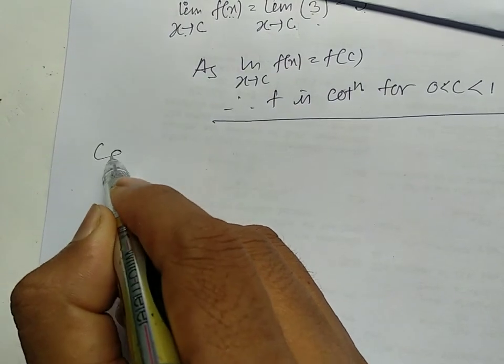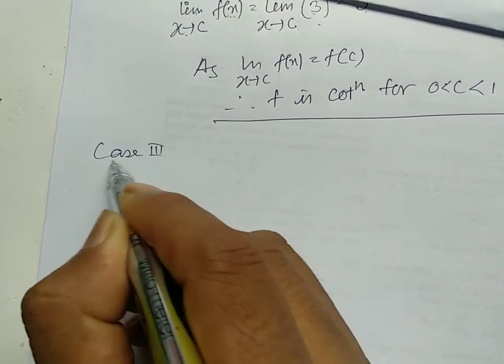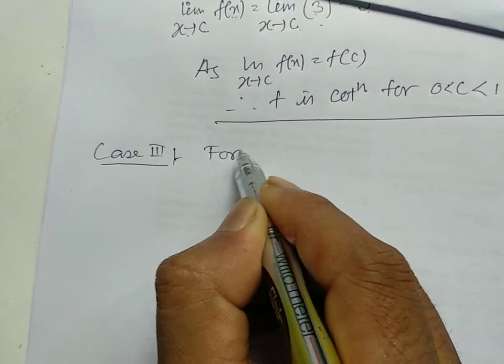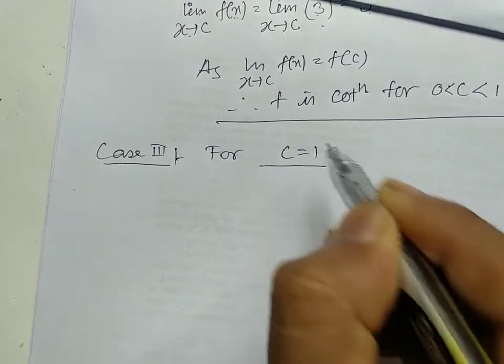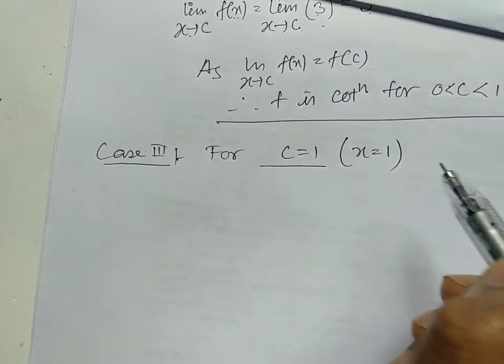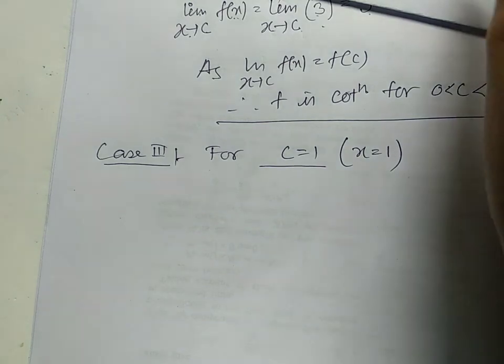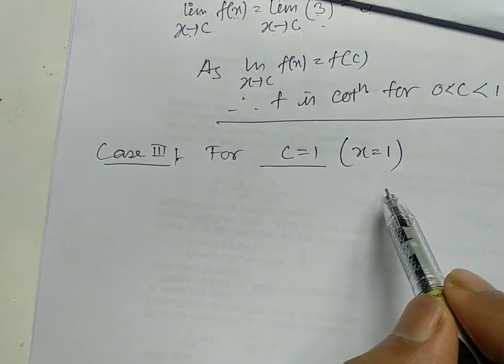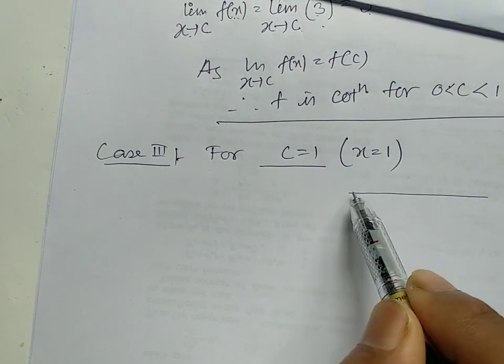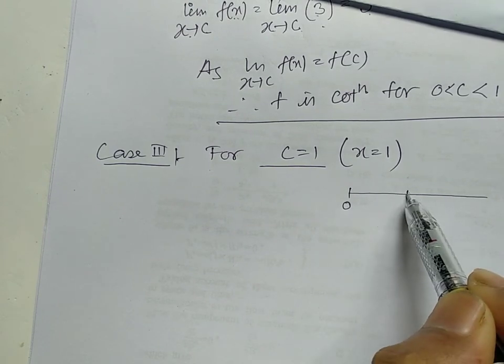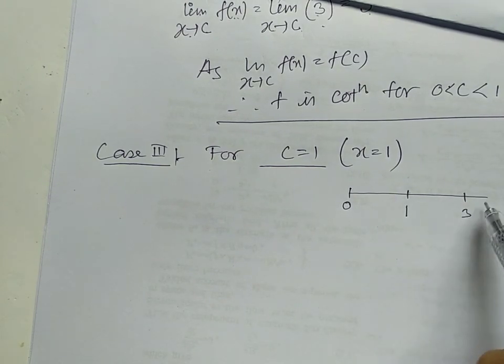Next condition, case 3. So what is the third case? Listen please. Case 3, for c equal to 1. You can easily imagine x equal to 1. If I draw the number line, this one is 0, this one is 1, this one is 3, and somewhere there is 10.